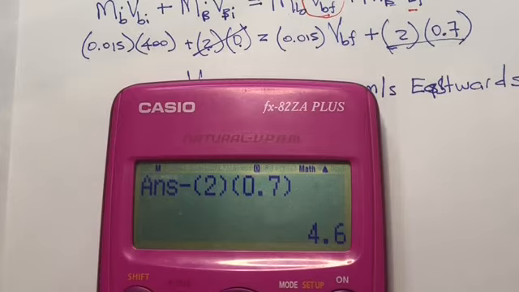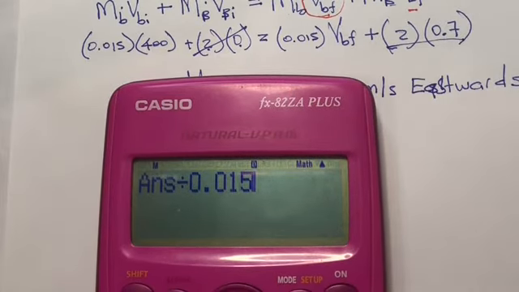So 4.6 is equal to 0.015 times V of the bullet final. That's why at this stage I divide by 0.015. As I've indicated, guys, this answer should be a positive answer, and again it should be less than 400 meters per second.